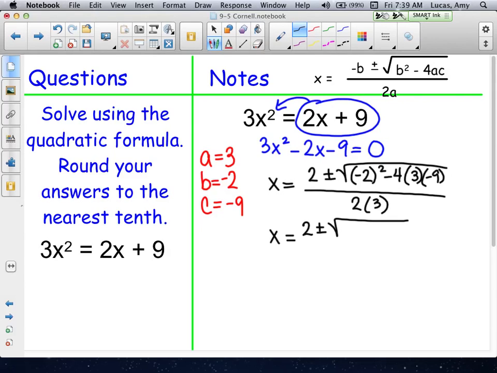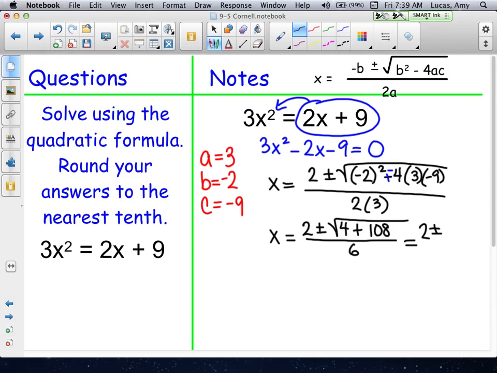Under the square root, negative 2 squared is 4. Negative 4 times 3 times negative 9 is 108. And it would be positive because two of those numbers were negative. And make sure you remember to divide by 6.